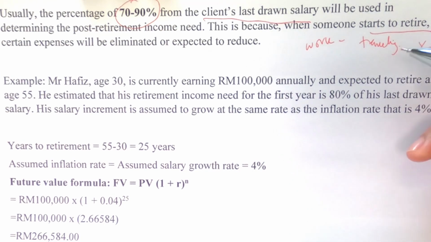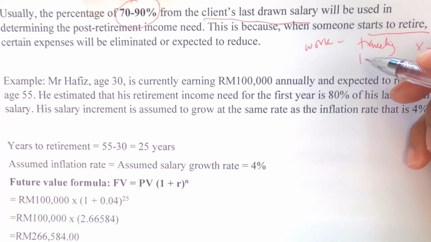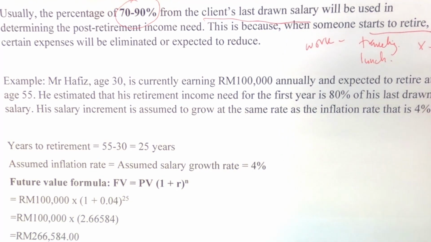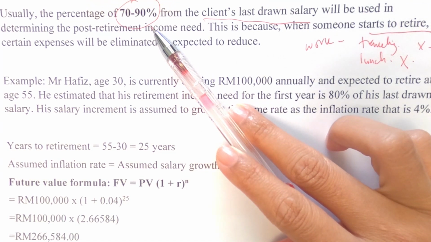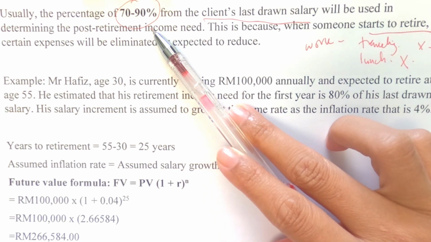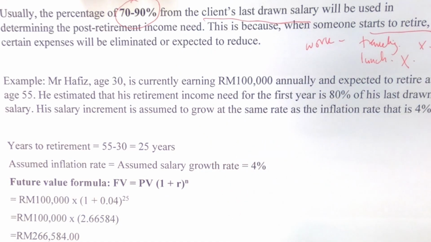Or other costs, like lunch or breakfast in the office, will no longer occur in future. So that's why the cost is expected to be reduced to 70 to 90%, and it much depends on the discussion or the agreement between the client as well as the financial planner.